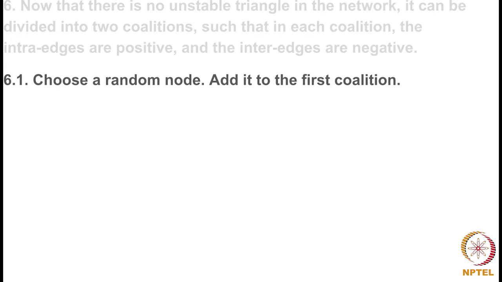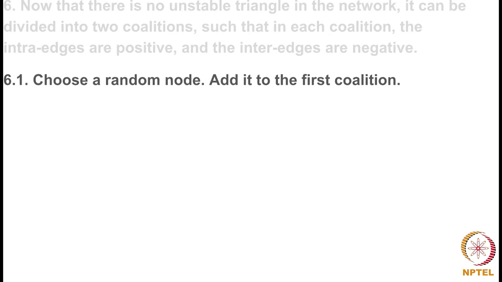After that, we will look at the neighbors of this node. Some of these neighbors will be friends, some of these neighbors will be enemies. So we are going to take the friends of this node and add all of them to the first group. The enemies of this node we are going to add to the second group. After that, we'll take the friends of this node which we added to the first group, one by one, and repeat the same process for them.